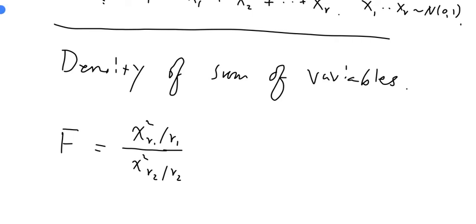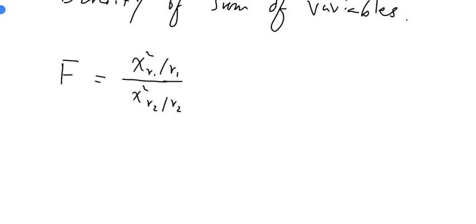So even though we know the chi-square distribution for the numerator and denominator, their division's distribution is also not so easy sometimes. Those kinds of problems, we want to find the density function for a ratio.